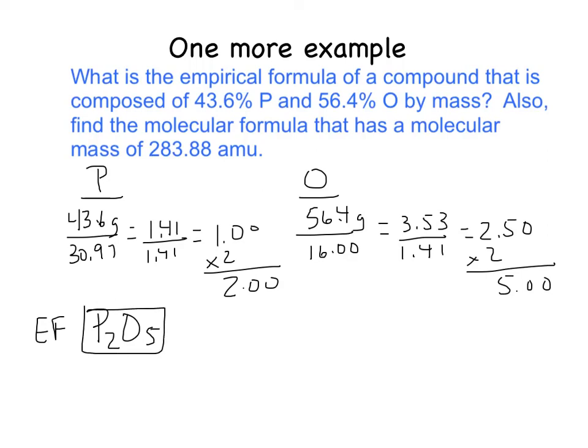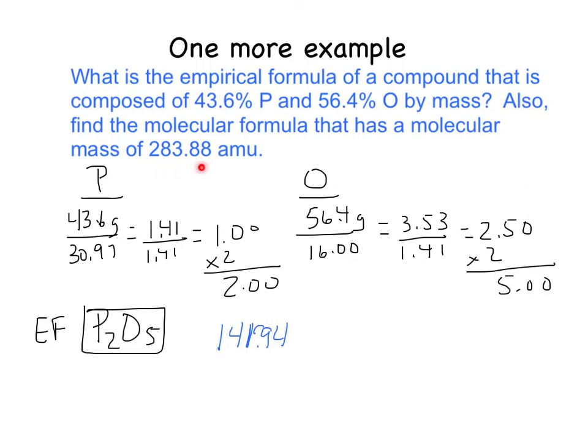So that's the empirical formula, and then it says find the molecular formula when the molecular mass is 283.88. So now I've got to find the molecular mass of P2O5, which I would find as 30.97 times 2, plus the 16.00 times 5, which I get to be 141.94, and so that is my empirical formula mass.